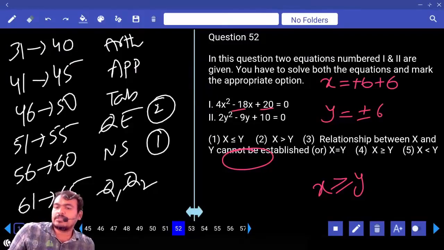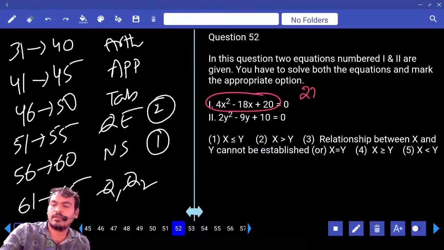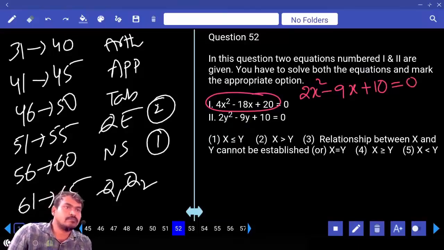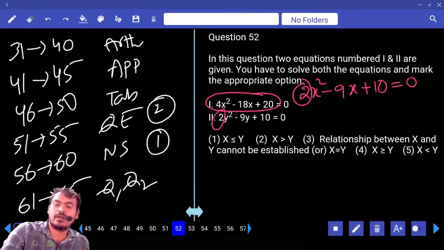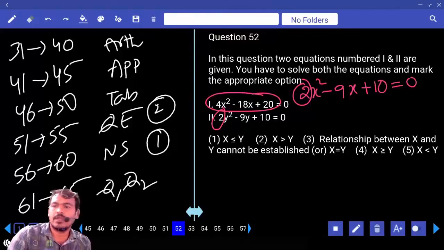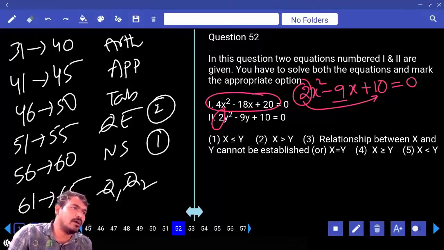Next. First equation: 4x square minus 18x plus 20 equals 0. Then we divide the whole equation by 2. What is the remaining equation? 2x square minus 9x plus 10 equals 0. The coefficient of x square is 2, and the coefficient of y square is also 2. Equal coefficients means we directly take the factors. 2 into 10 is 20. Product 20 but sum 9 means 5 comma 4.